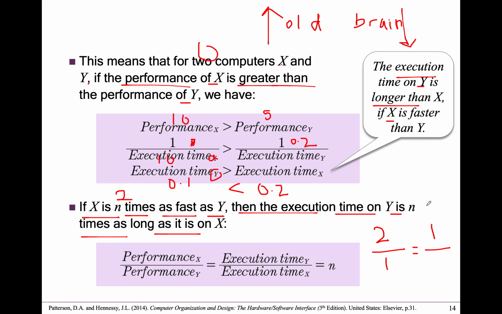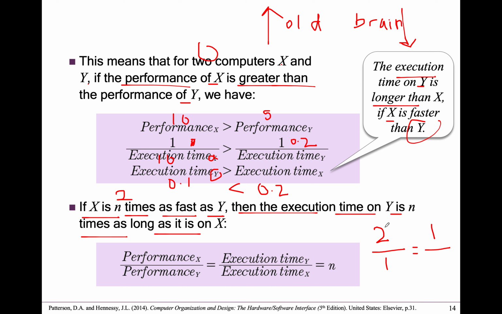This is for X, right above. So the Y will be 2 times slower than X, because it's vice versa, right?